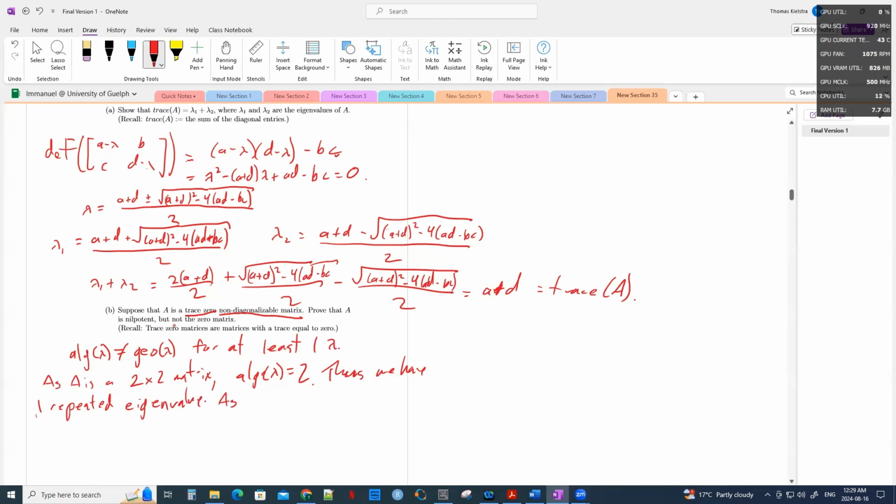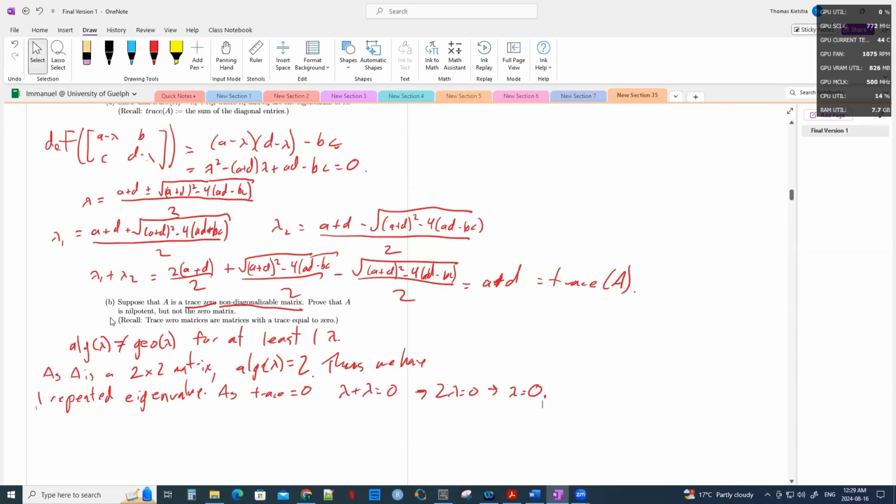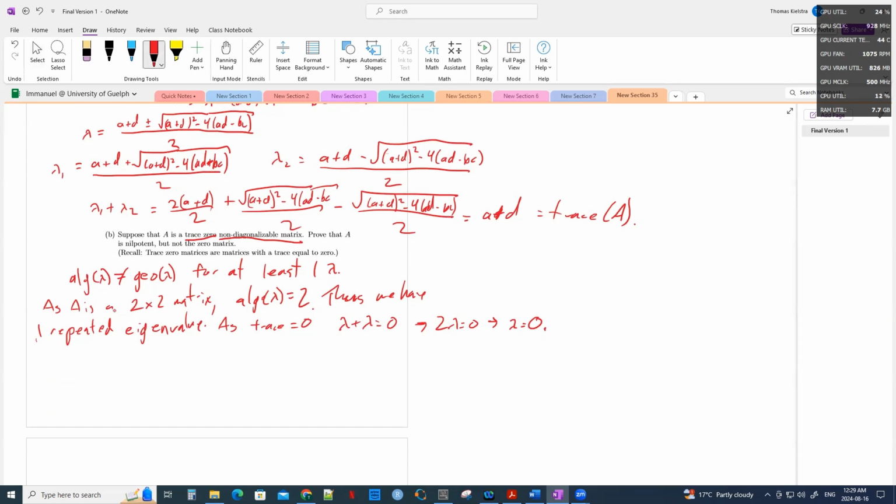As the trace equals 0, lambda plus lambda equals 0, which implies that 2 lambda equals 0, which implies that lambda equals 0. So we have that our lambda equals 0.